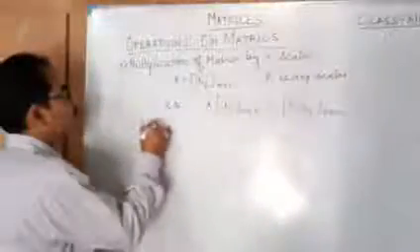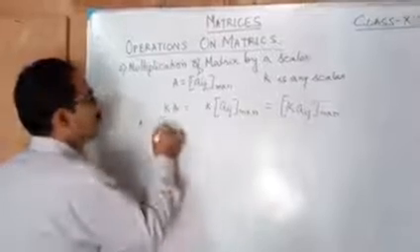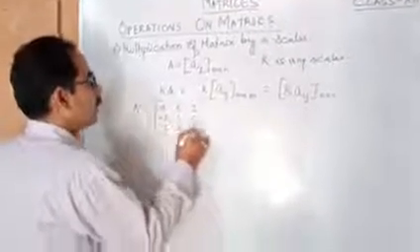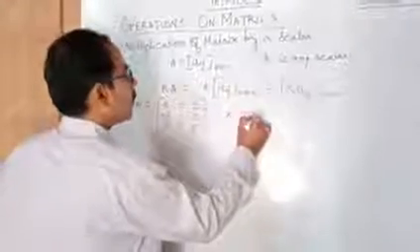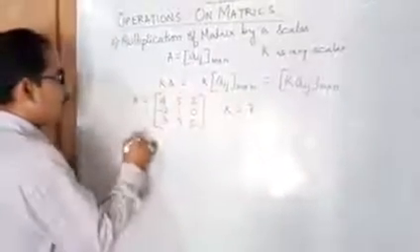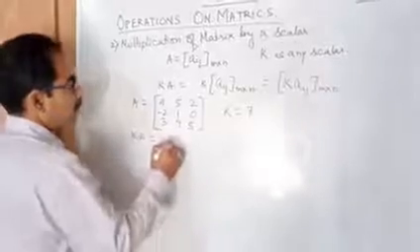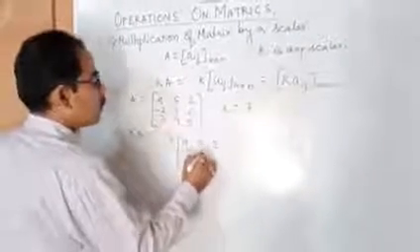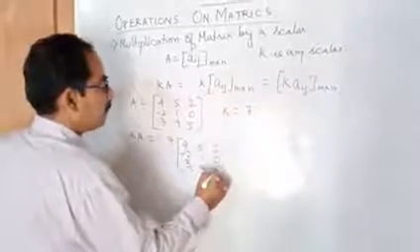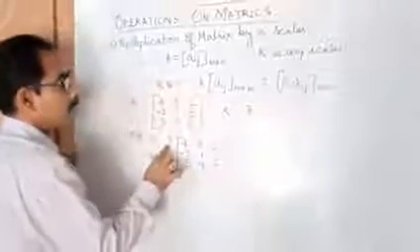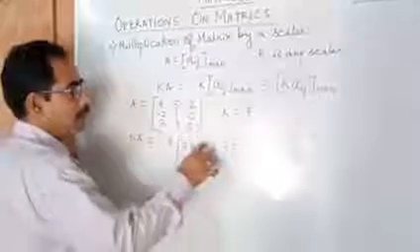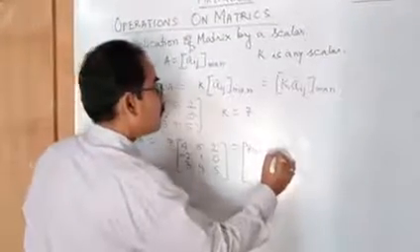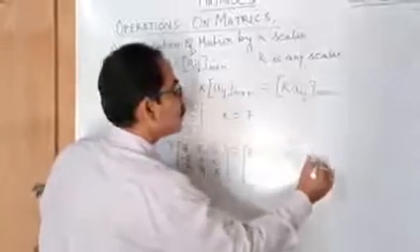Now let us take an example. Suppose A equals a 3 by 3 matrix, I am taking 4, 5, 2, -2, 1, 0, 3, 9, 5, and suppose K equals 7. Whenever we find KA, that means 7 times this matrix. 7 will multiply each and every element. So 7 into 4, 7 into 5, 7 into 2.